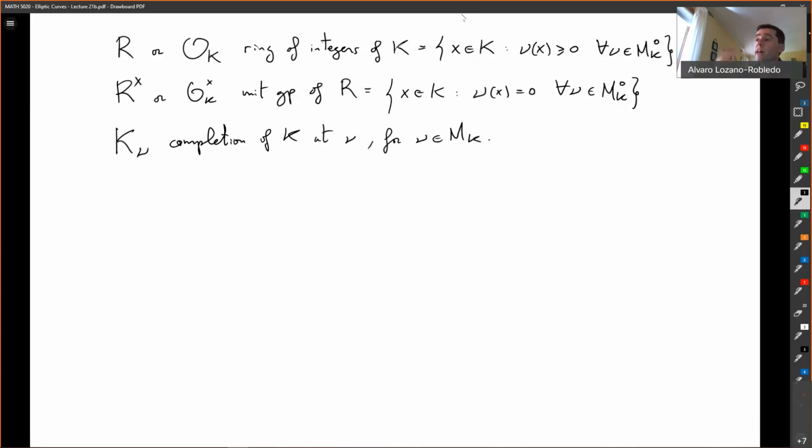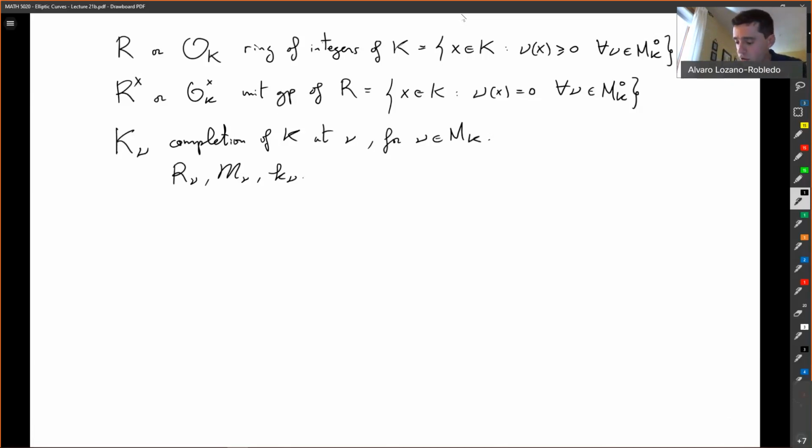If nu is the infinite valuation, the Euclidean absolute value, then the completion is the reals. And then in here, we have the typical ring of integers, maximal ideal, and so on, that we used to call R, M, little k, but here, because now there are different valuations, we are going to decorate them with the place. Okay, so those are the usual ring of integers in the completion, the maximal ideal, and the residue field. Great.